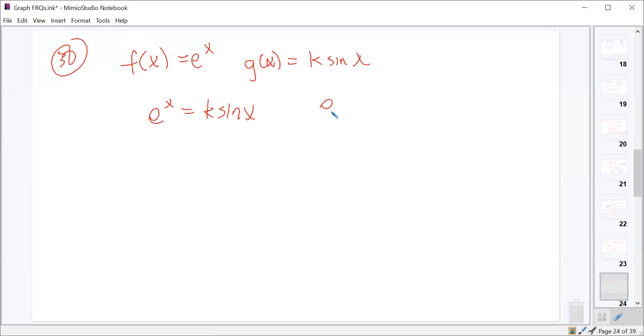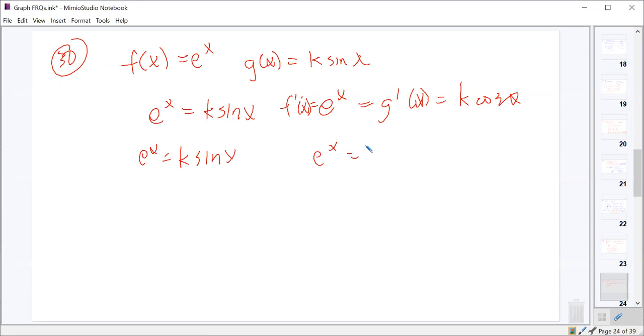So that means that e to the x, which is f prime of x, needs to equal g prime of x, which is k cosine x. So we need to figure out when e to the x equals k sine x, and when e to the x equals k cosine x.